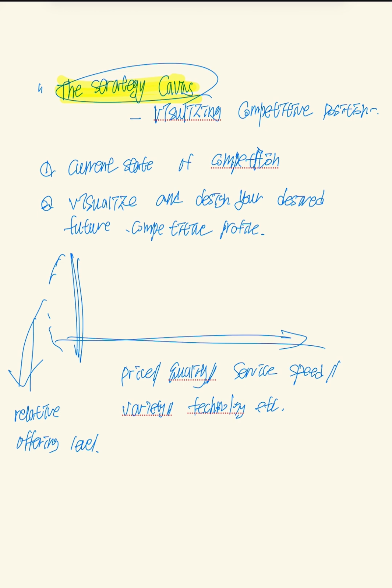So each firm is represented by a value curve connecting its position across all factors. Some academics identified three characteristics that define a successful blue ocean strategy canvas curve. The first is focus, the second is divergence, and a compelling tagline is the third.